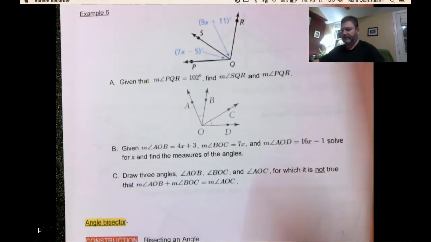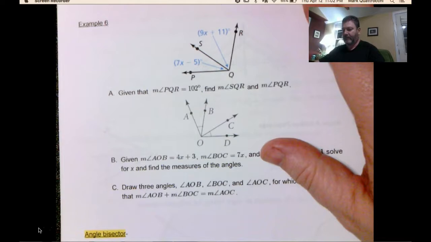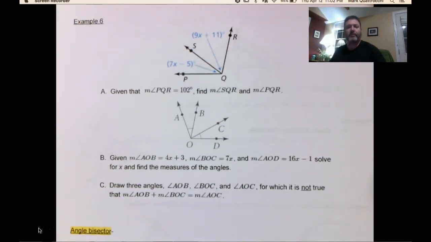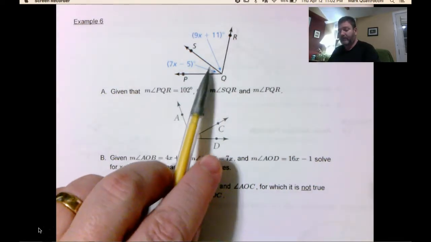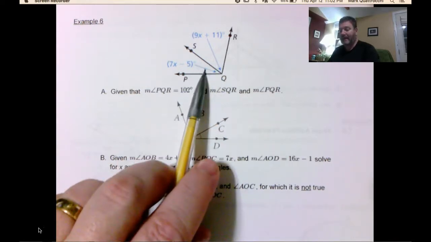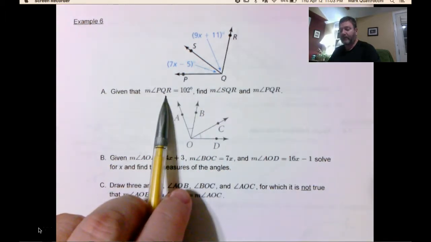Example 6. Given the measure of angle PQR is 102 degrees, find the measure of angle SQR and the measure of angle PQR. Well, what can you tell me about these two angles? According to the angle addition postulate, they add up to be angle PQR.